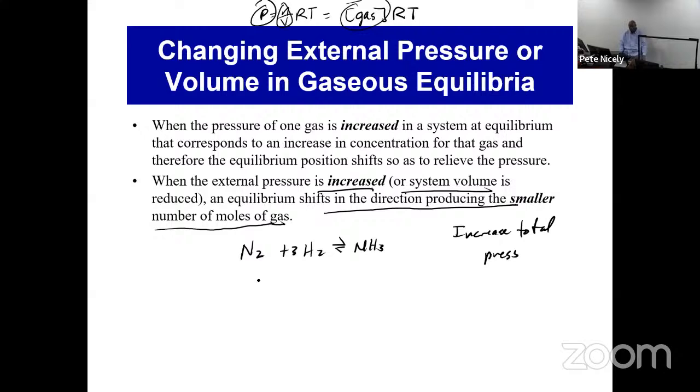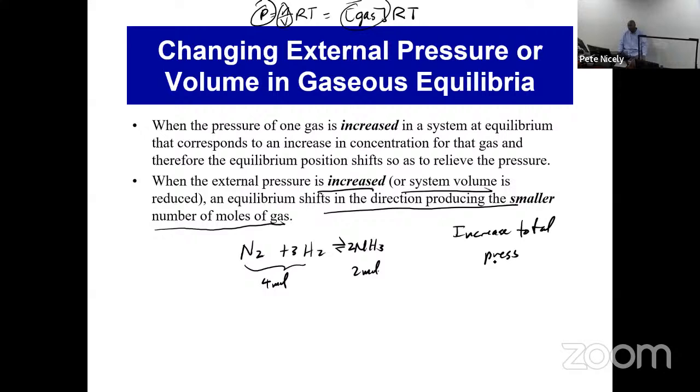In order to answer that question, we look at the total number of moles of gases on this side compared to the number of moles of gases on this side. By the way, this should be a 2 here. It's very important to have a balanced equation. On this side, you have a total of 4 moles, 3 plus 1. On this side, you have a total of 2 moles.